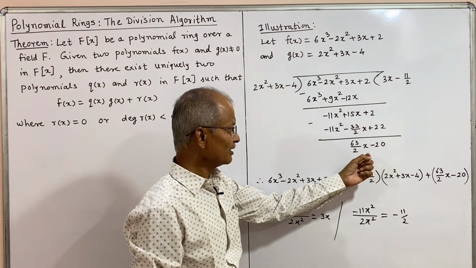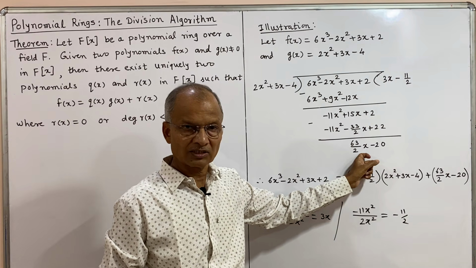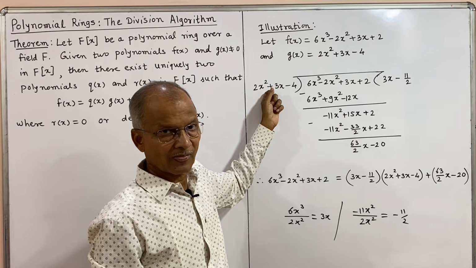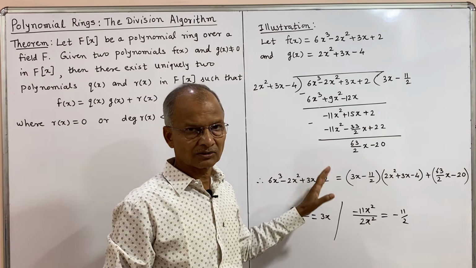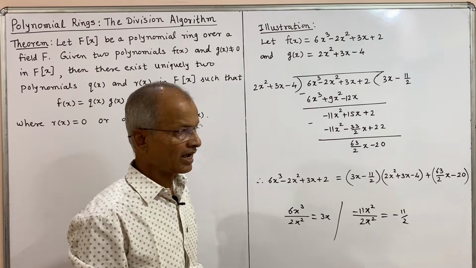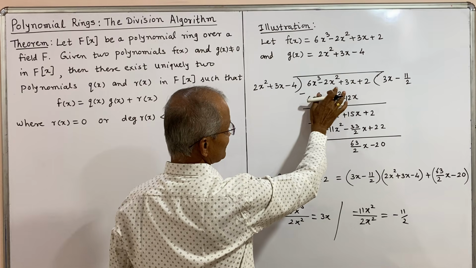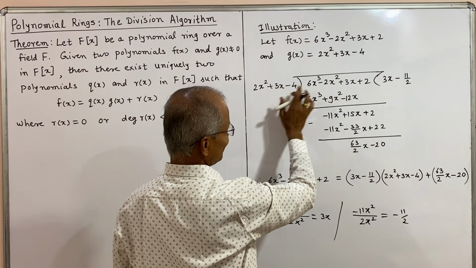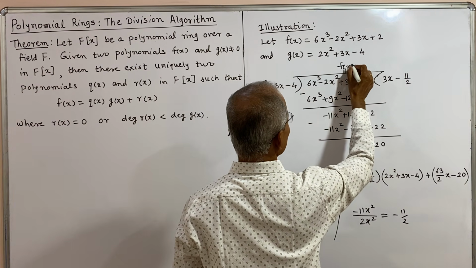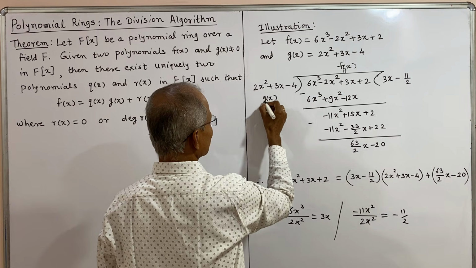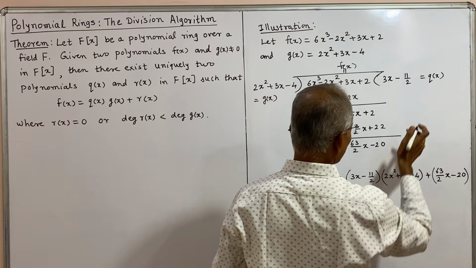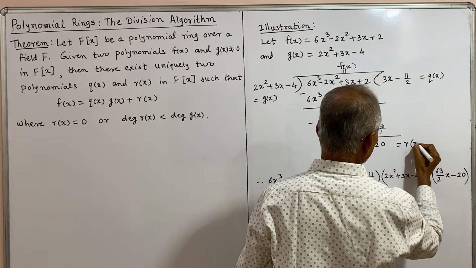Now you see the degree of this polynomial is strictly less than the degree of the divisor g(x), and here the division process stops. Now we express this division: this is the dividend f(x), this is the divisor g(x), and we denote the quotient by q(x) and the remainder by r(x).